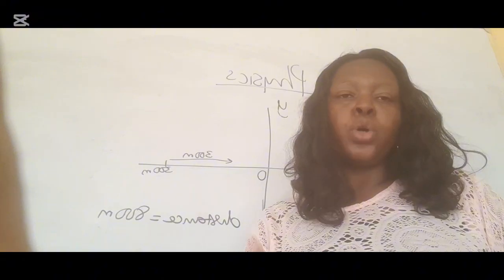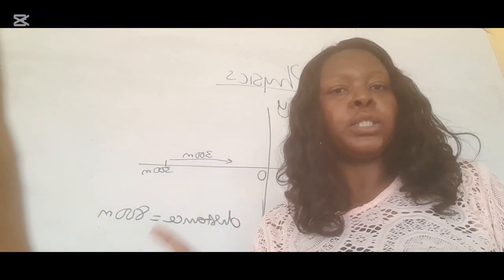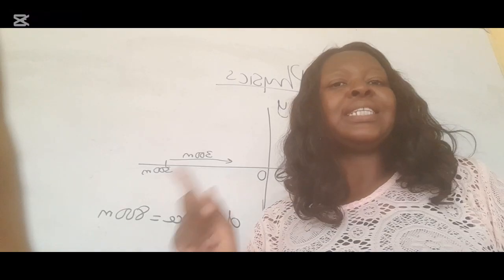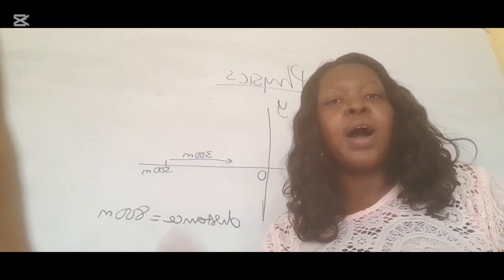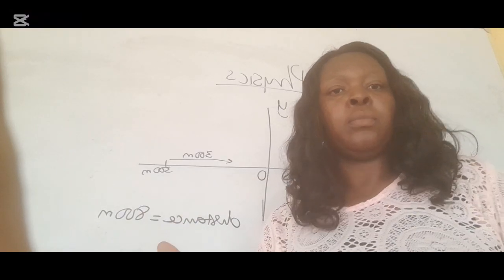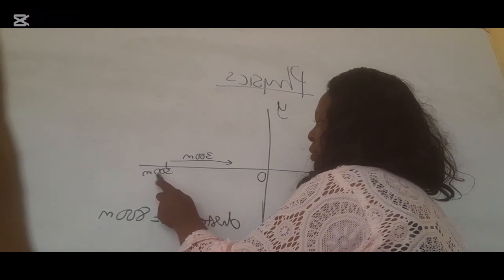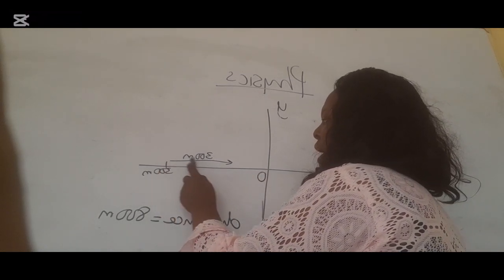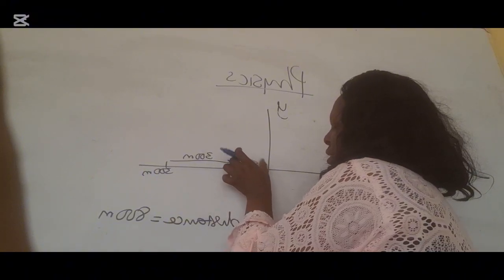But if we are asked what is the displacement of this person, it means how far is this person from the origin where he started from. The person walked 500 meters and then turned back and walked 300 meters. His displacement is just this distance.